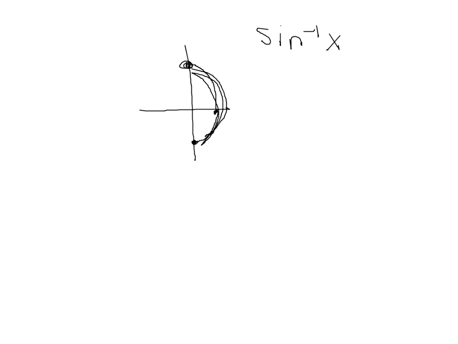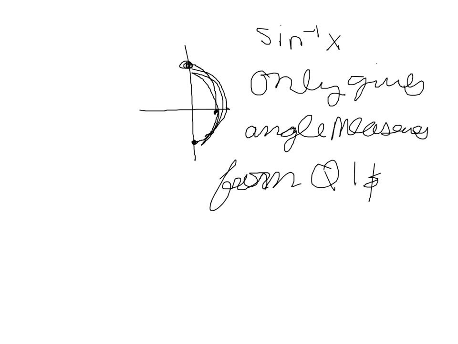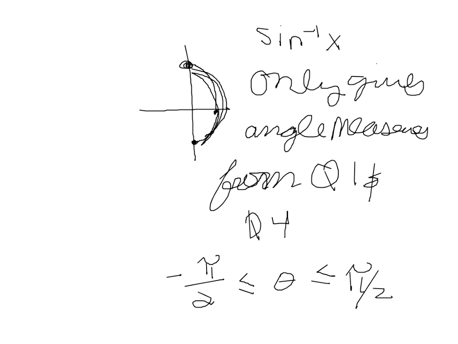So sine inverse only gives me angle measures from quadrant 1 and quadrant 4. In other words, I only get angle measures that are between -π/2 and π/2. Now, if you pull out the trig table that I've been passing out for the last several weeks, you will see that there are some dark boxes on it.